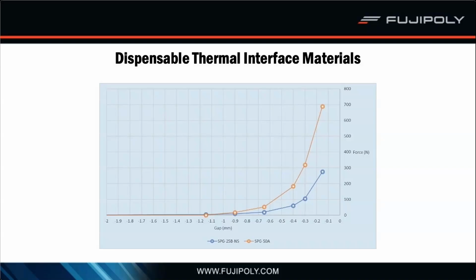Little changes in the gap can mean a big change in the force when compressing down to those thin bond lines. Trying to squeeze these materials beyond that will create a lot of stress on the assembly. And this is typically not the compression range we recommend our customers to work in, since this is where you'll start to see PCBs start to bow and some components start to break.